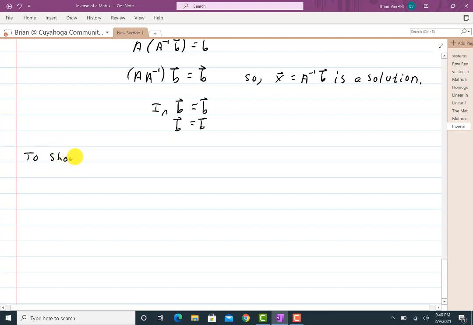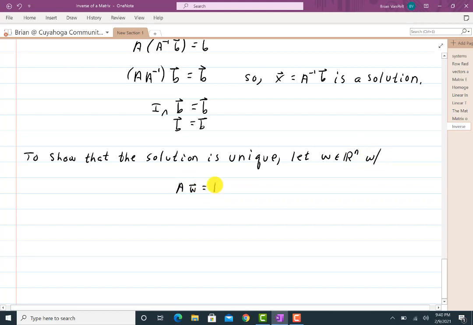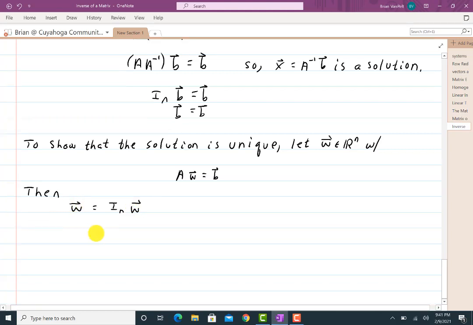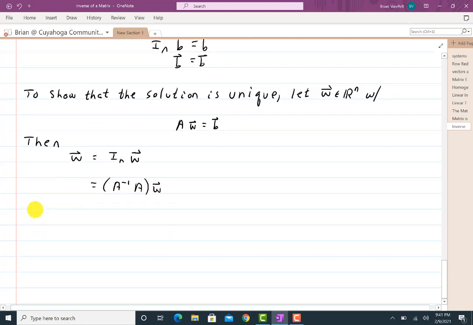To show that the solution is unique, let W be in Rn with AW also equal to B. Then W equals In times W. In I can replace with A inverse A, like so.